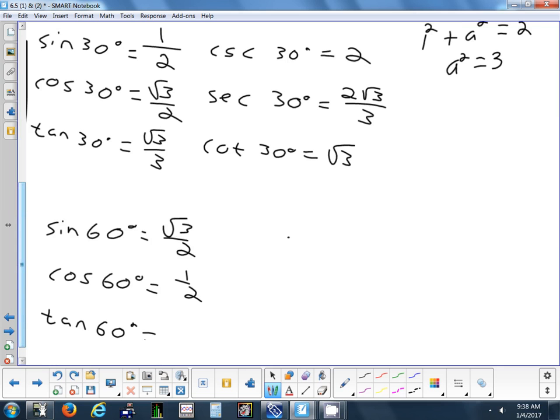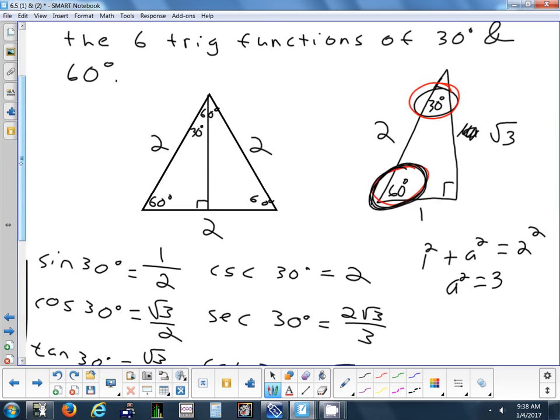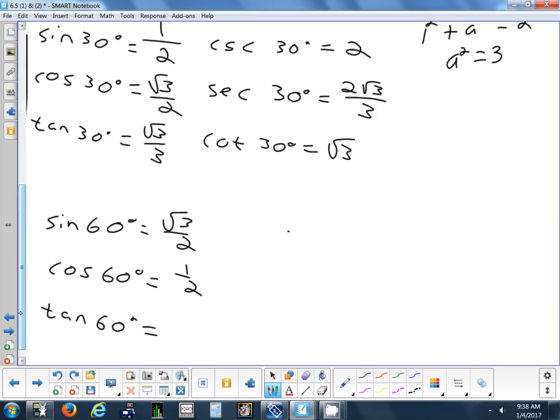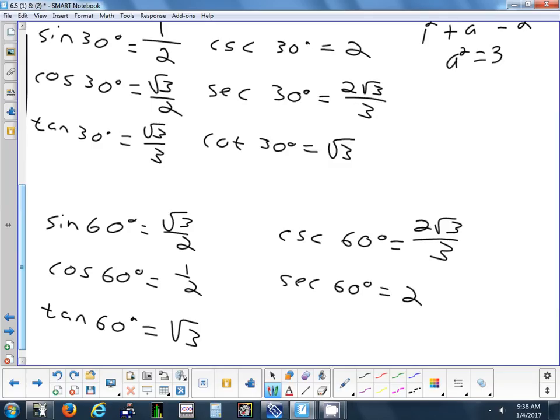And tangent of 60, that's opposite over adjacent, square root 3. And now to get the other 3, just flip them. Then we'll look at them and compare. So that's going to be 2 square root 3 over 3. The next one is going to be 2. And the cotangent is square root 3 over 3.